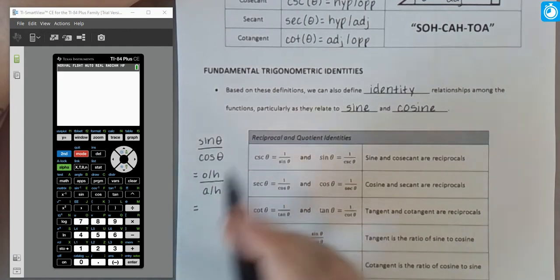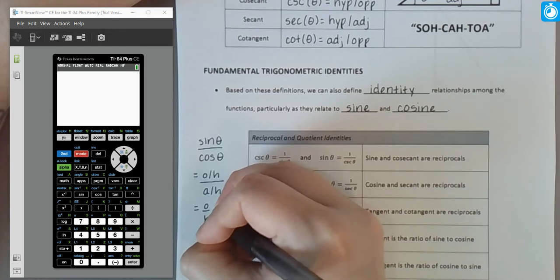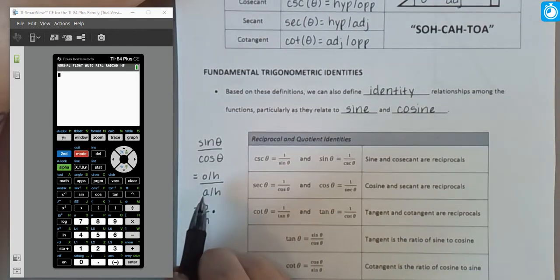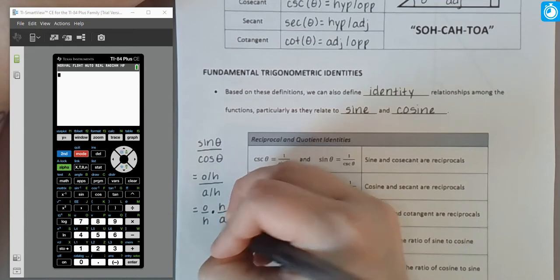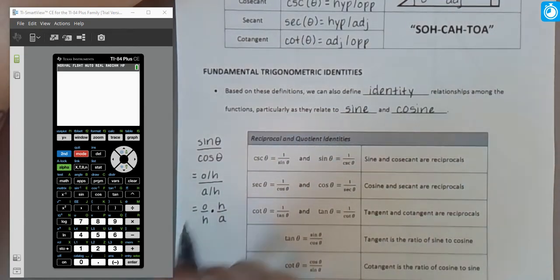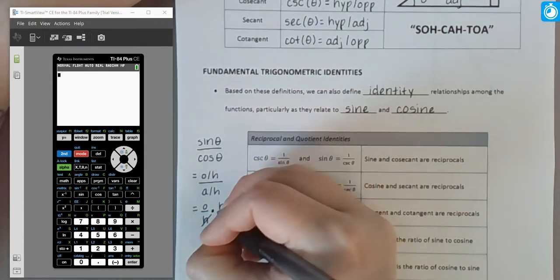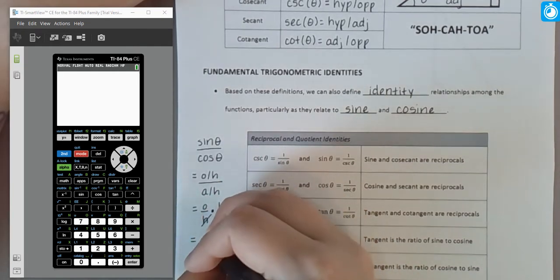So another way to write this would be opposite over hypotenuse times the reciprocal of the denominator, which would be hypotenuse over adjacent. We'll notice that common factor on the diagonal. And what are we left with? In the numerator, we're left with O for opposite, and in the denominator, we're left with A for adjacent.